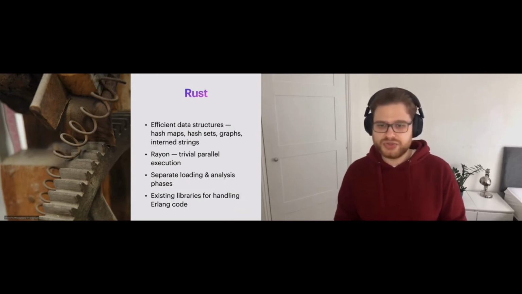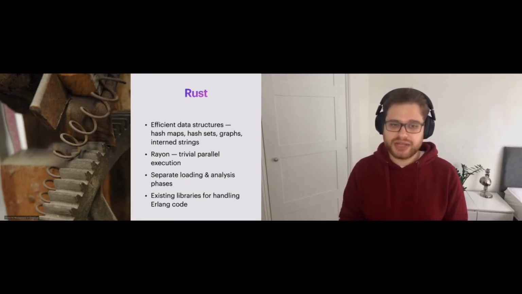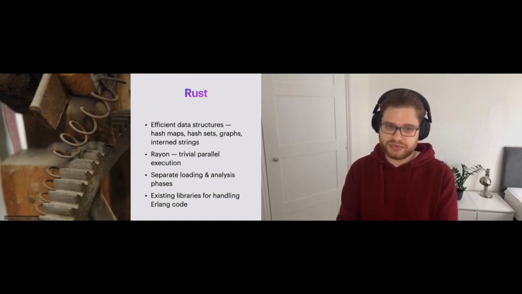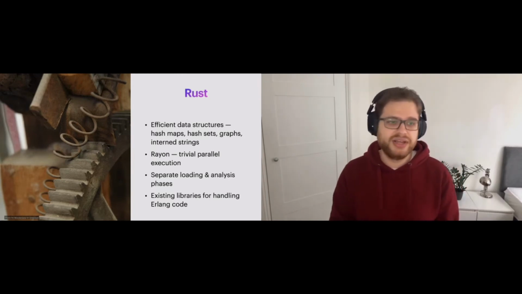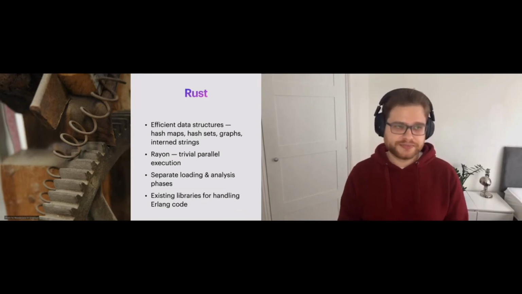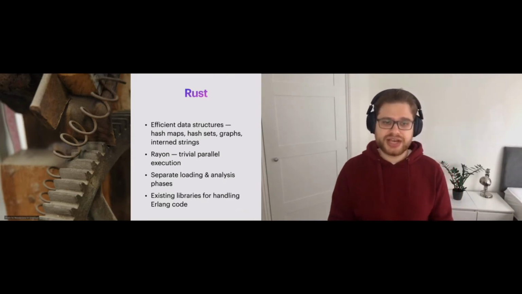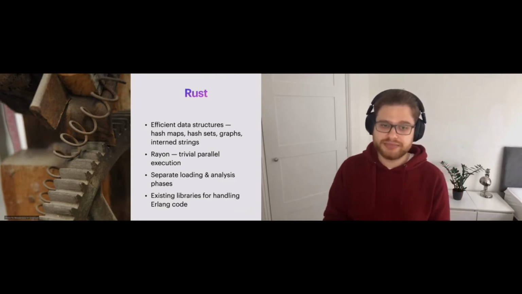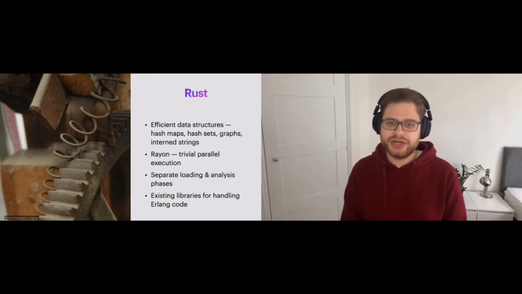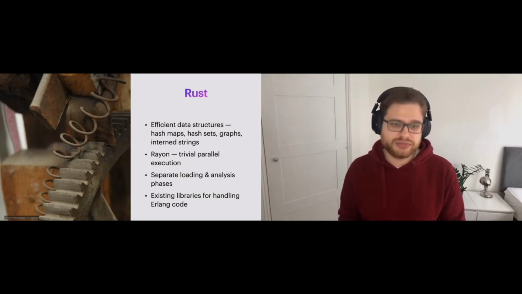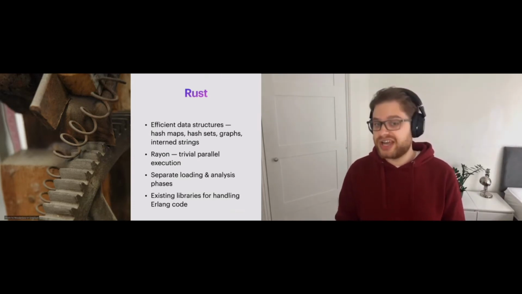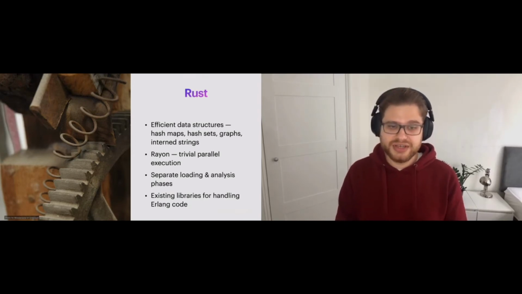So, for example, we store the export table, the mapping between module names and the information about the modules, in a hash map, or we store all the relationships between different applications and dependencies in a graph. And finally, for the atoms that we discover, like function names and module names, rather than storing strings everywhere, which takes a lot of memory and can be fairly intense, we use a method called string interning that Erlang actually uses for atoms inside of the runtime system.